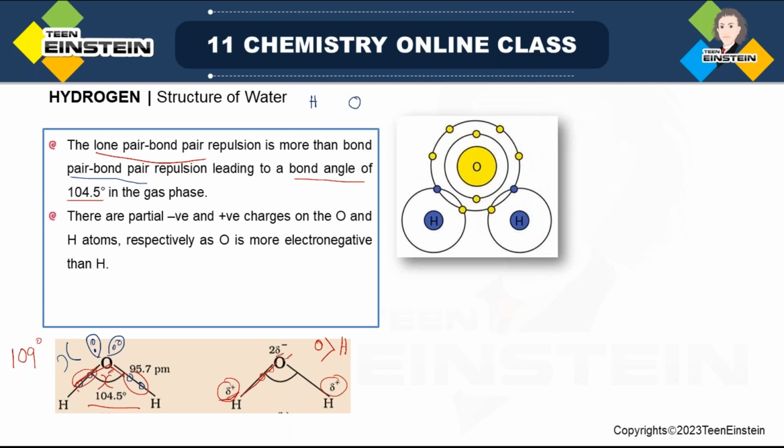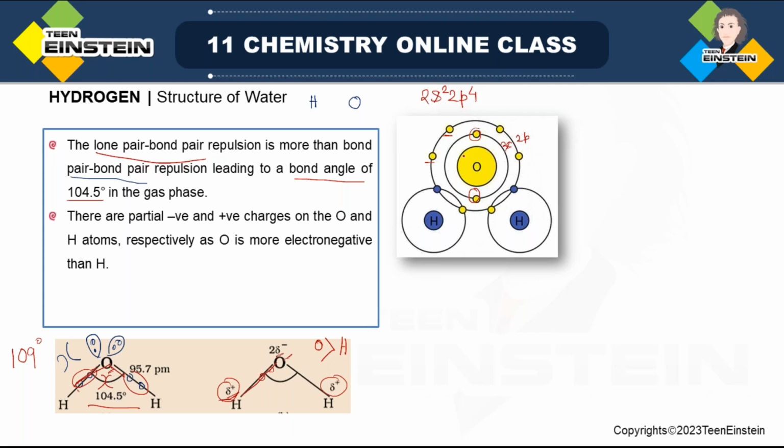Now you can see this diagram where you will be able to understand how many electrons are coming from hydrogen and how many electrons are coming from oxygen. The electrons of oxygen are denoted here by this yellow color. If we consider the outermost electronic configuration of oxygen, it is 2s2 2p4. So you can see this is 2p, this is 2s. In 2s we have 2 electrons and in 2p we have a total of 4 electrons.